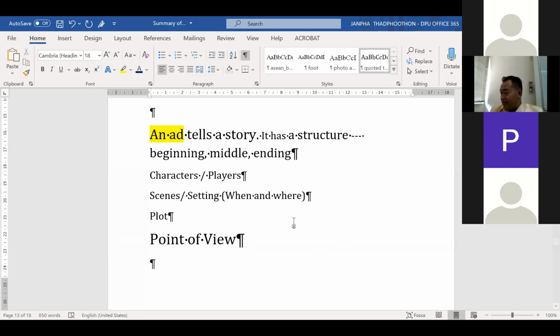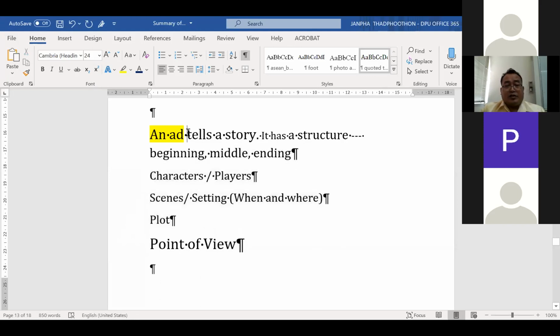Who is telling the story? So when we talk about a narrative, we need to talk about the structure, the characters, the setting, the plot, and the point of view.